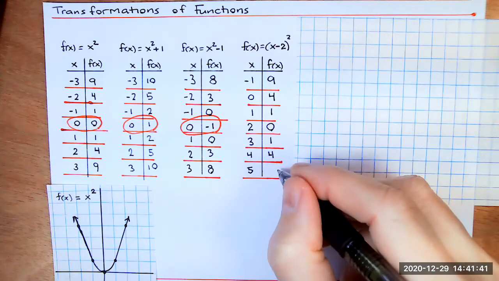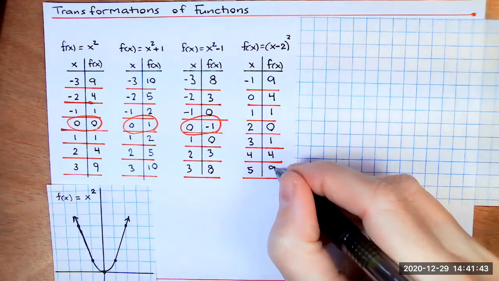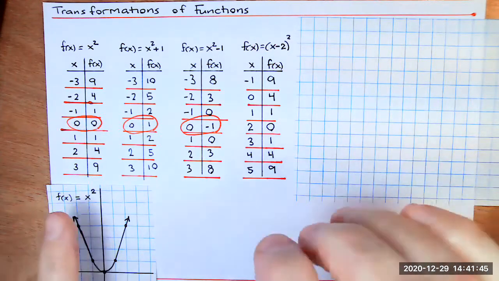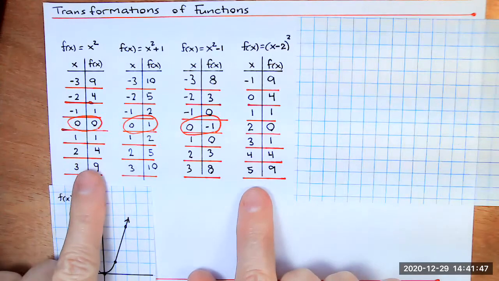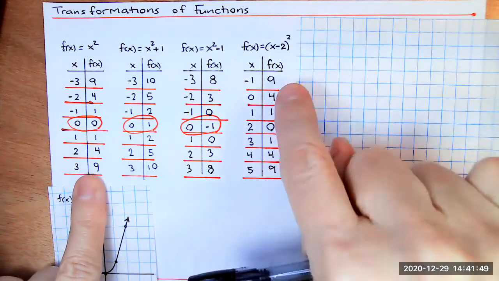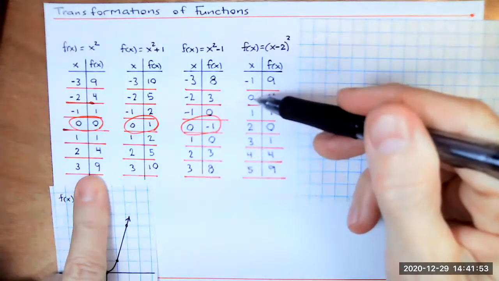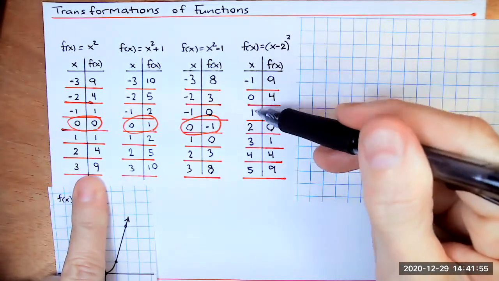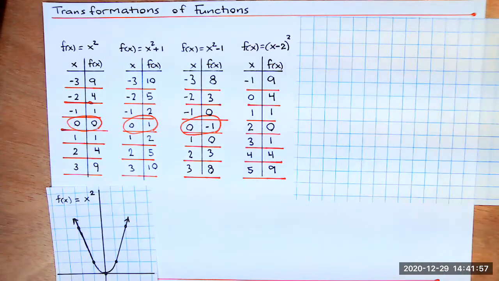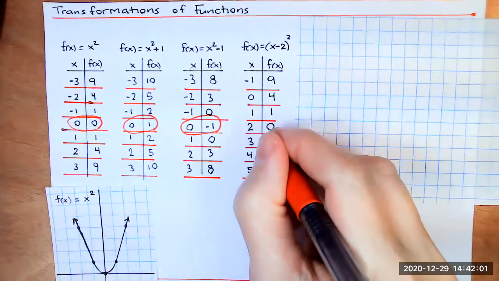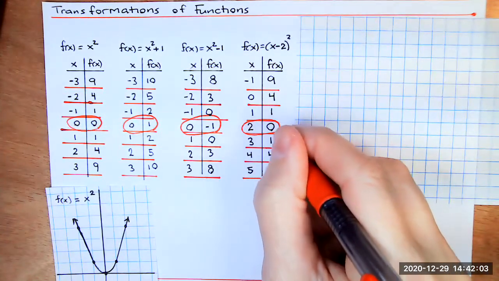And 5 minus 2, the quantity squared, is 9. So if you compare it with our original function, we have the same y values, but what's happened to the x values? We can see now that our vertex is at 2, 0.